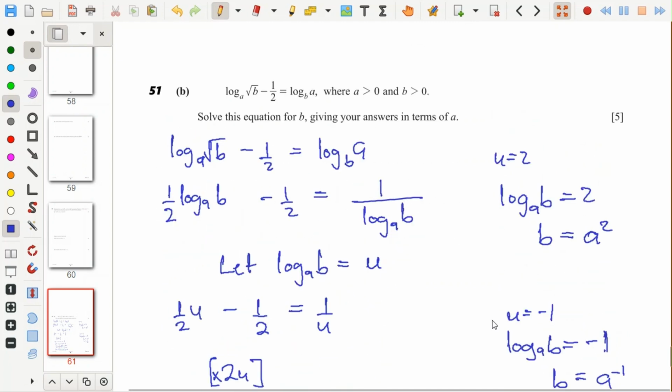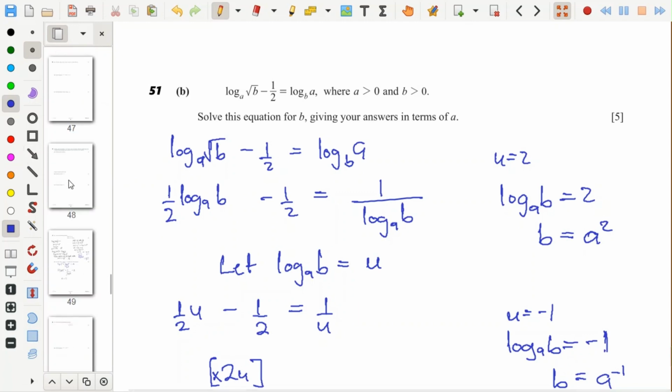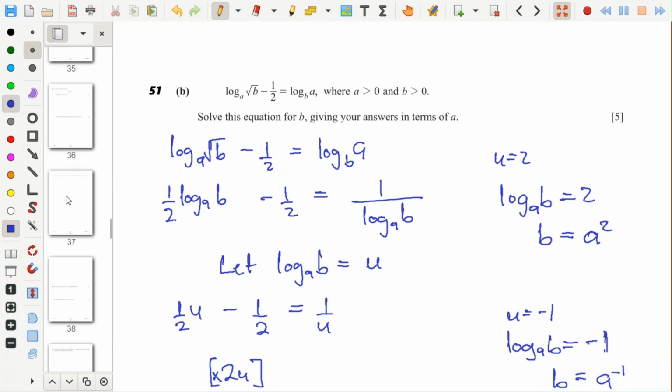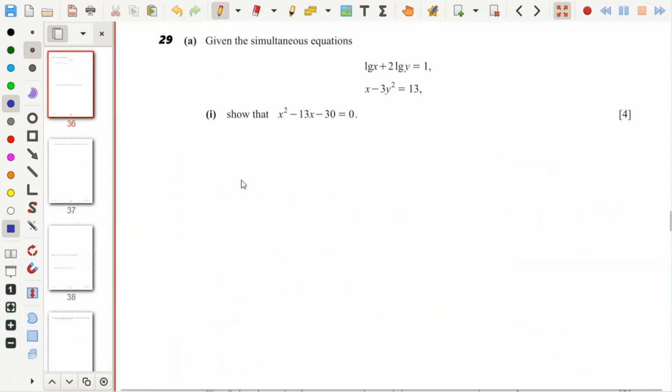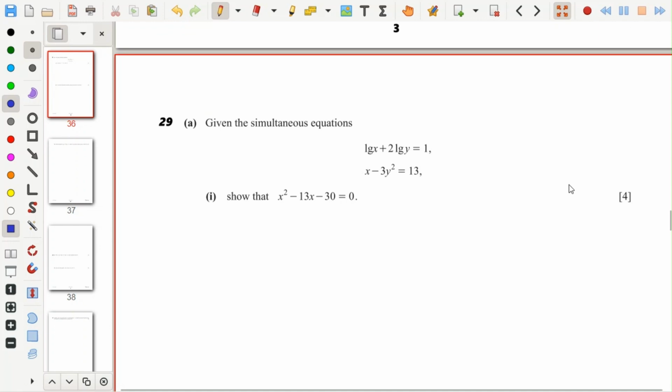All right, let's look at another question. Question 29. So you have a quadratic and then you come and get this. All right, let's see.